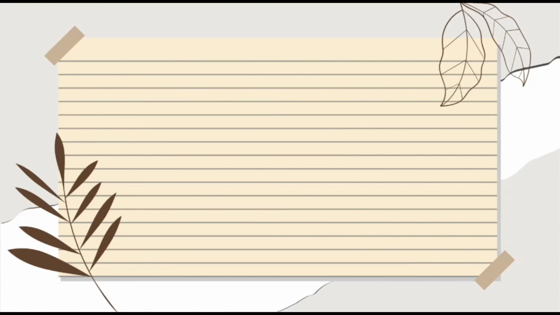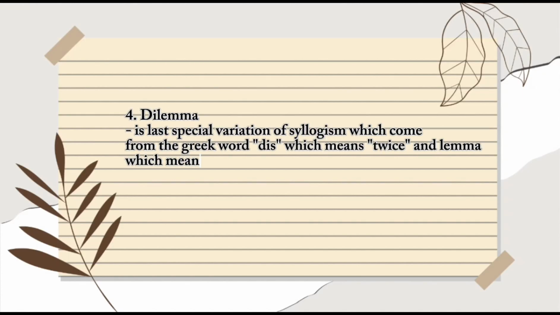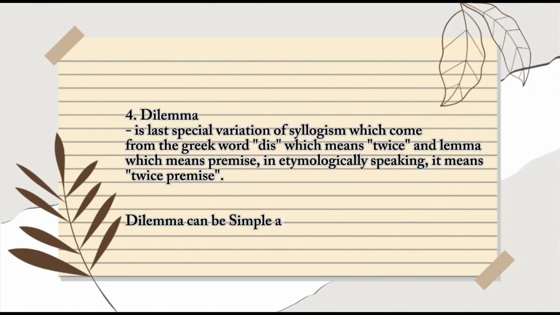So, the last special variation of the syllogism is the dilemma. Dilemma is the last special variation of syllogism, which comes from the Greek word dis, which means twice, and lemma, which means premise. Etymologically speaking, it means twice premise. Dilemma can be either simple or complex form.